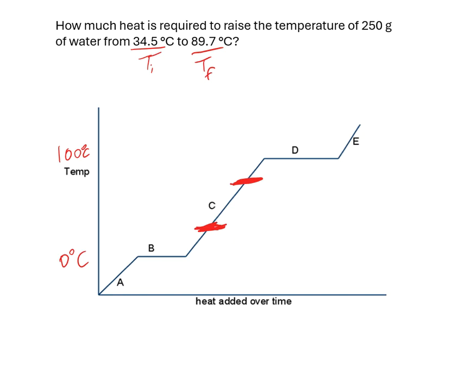We're simply within this one phase, so we're within this one physical state. And so that means that we have to use the equation of heat being equal to the mass times the specific heat times the change in temperature. And so again, by looking at what your temperature, initial and final, what those values are, we can determine which process we have to utilize.